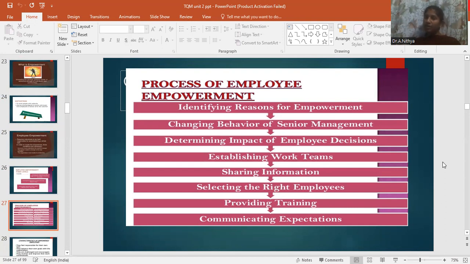Then we have to establish a team, that is a work team. Then sharing the information between the team. Then selecting the right employee, and that employee has to be provided full and right training. And the last stage in employee empowerment is communicating the expectations.